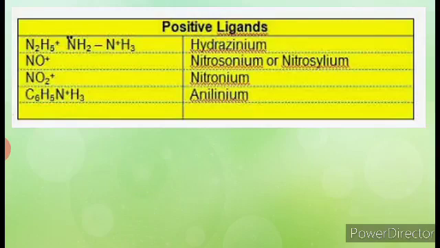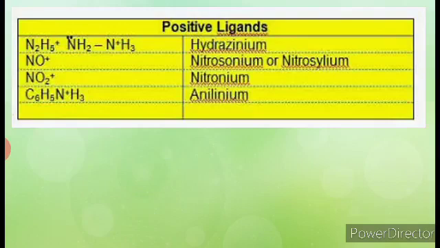Second is nitrosylium, which I had told you last time, NO+. It is also known as nitrosonium or nitrosylium, one and the same ligand having 2 names. Then the third one is nitronium, NO2+. And the fourth one is anilinium. Aniline you know very well, C6H5NH2.